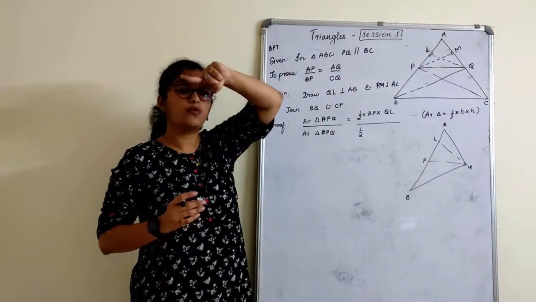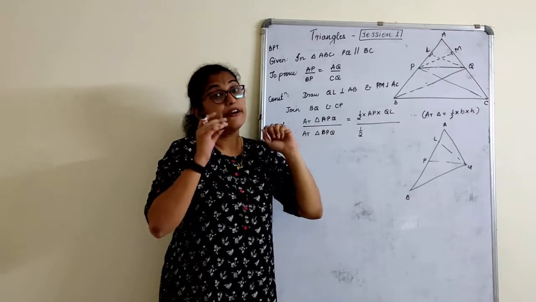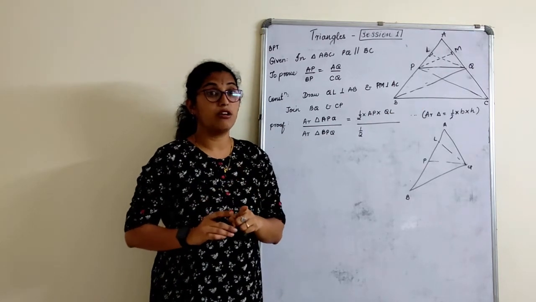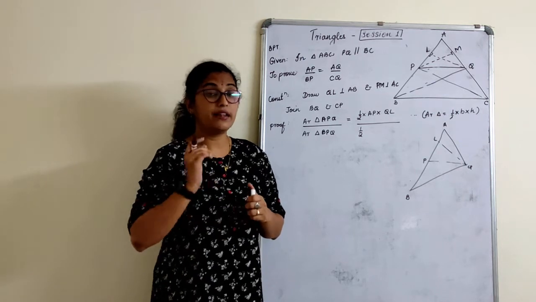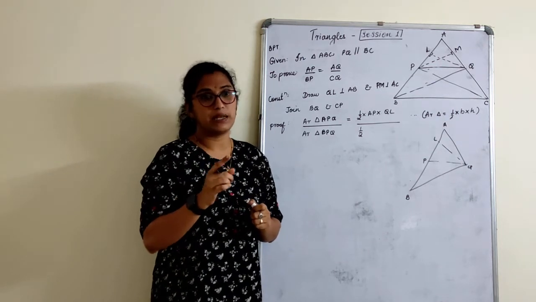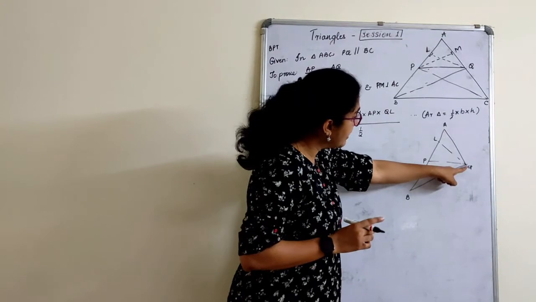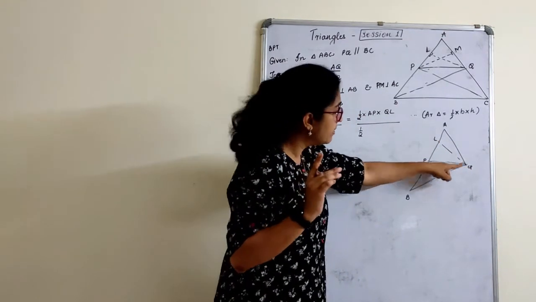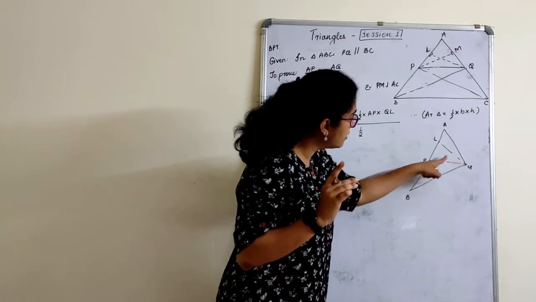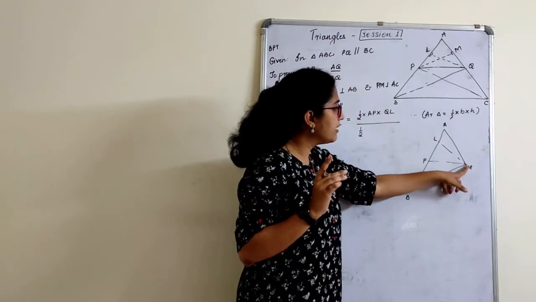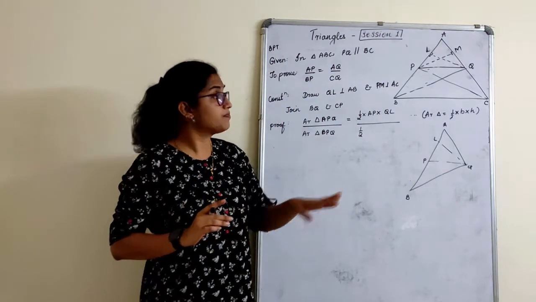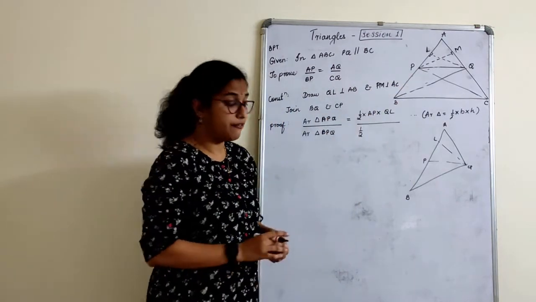From that vertex to the base, wherever you draw, the height remains the same. That is why it is called height. Perpendicular QL is the height. Whether it is drawn here or here, anything drawn from the vertex to the base is called height, so the height remains the same for everything.